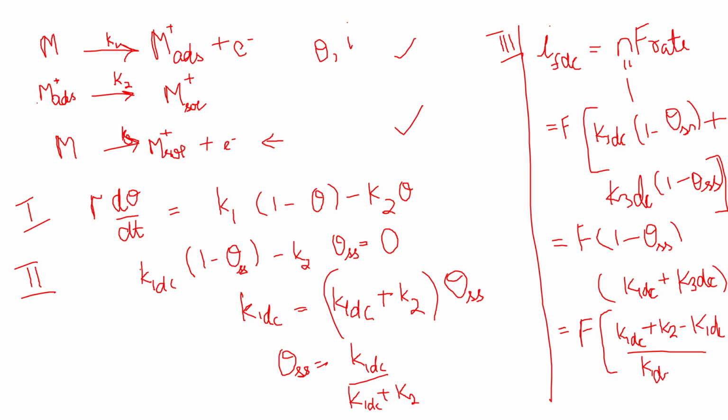K1 DC plus K2, into, so this will both get cancelled, K2 into K1 DC plus K3 DC.